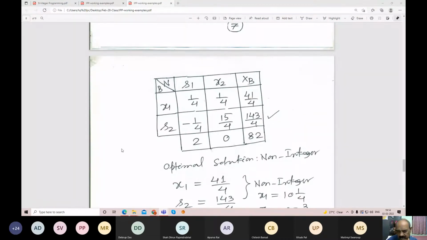But that is not the question here. The question is we want the integer solution. If somebody is looking for a non-integer solution, then this problem has an infinite number of such solutions. The 0 is the indication: when there is a 0 and iteration is possible, this problem has alternate optimal solutions.